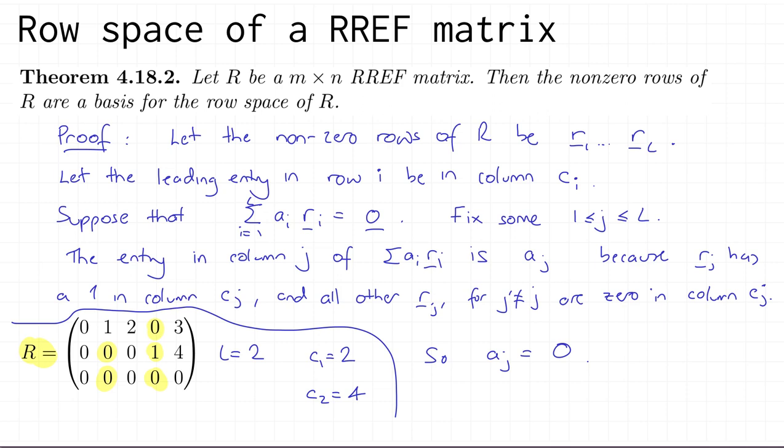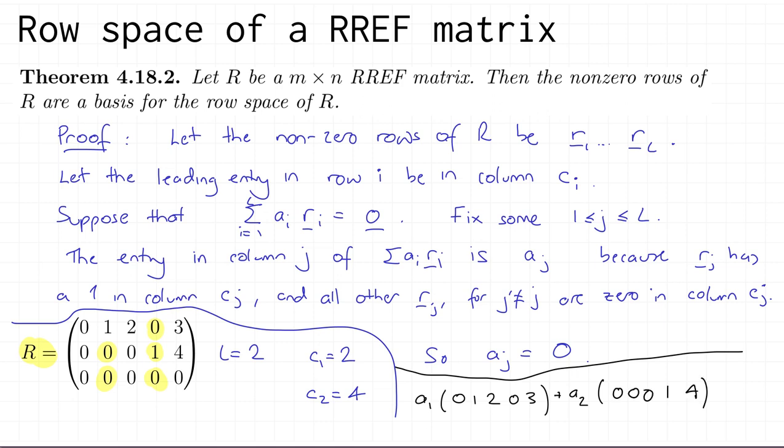So just to return to our example, if you're not quite sure what was going on in that proof, just look at what would happen in this example here. If we had a1 times (0, 1, 2, 0, 3) plus a2 times (0, 0, 0, 1, 4), well, that would be 0, a1, and then a bunch more stuff, and then in position 4, we just get a2.